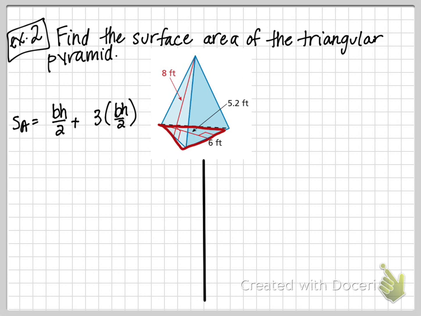Do you see that? This is why the triangle ones can get confusing because of all those right angles, so make sure you're looking at the base triangle by itself. So we know the base is 6 and the height is 5.2 and they meet at a right angle. And then we're going to add 3 because we'll have 3 lateral faces that will all be the same.